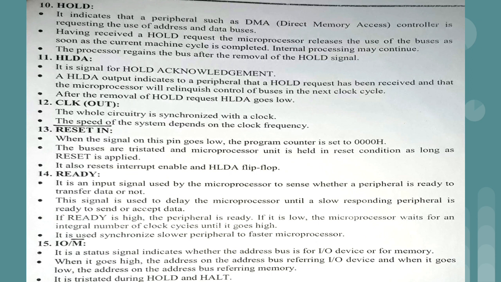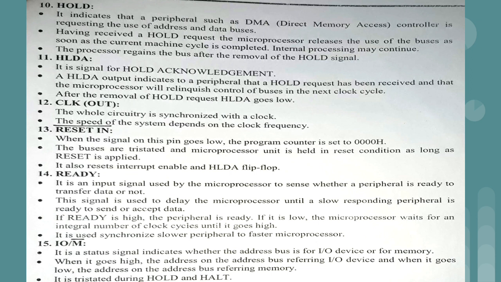Or suppose you want to perform a fetch operation, that is the microprocessor wants to take data from the memory, at that time also we make use of bus lines to carry that data which is stored in the memory.